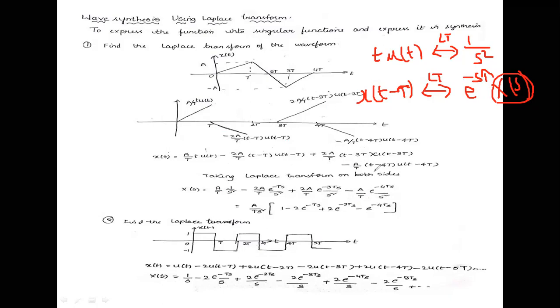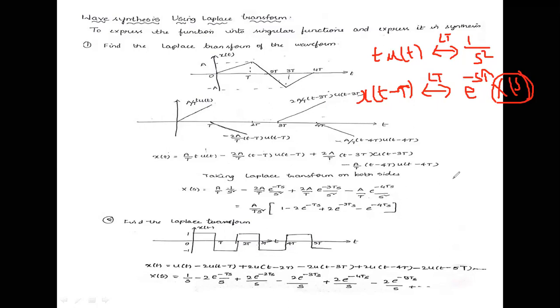Minus a by T into, and again here also the ramp function. First you apply the Laplace transformation for the ramp, 1 by s square, and that ramp is shifted by 4T samples, so it is multiplied with the negative exponential, e power minus 4T into s.